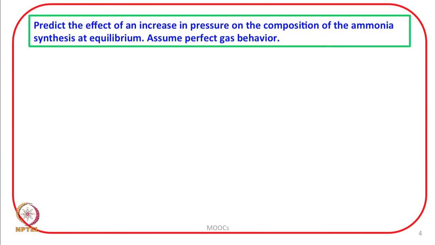Now, let us take a look at another question. Predict the effect of an increase in pressure on the composition of the ammonia synthesis at equilibrium. Assume perfect gas behavior.